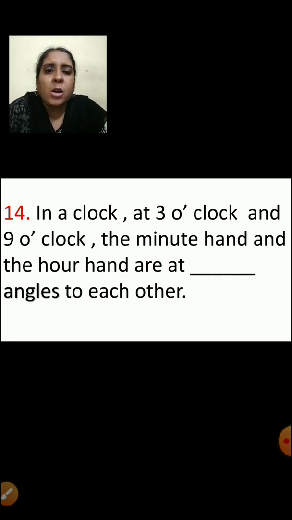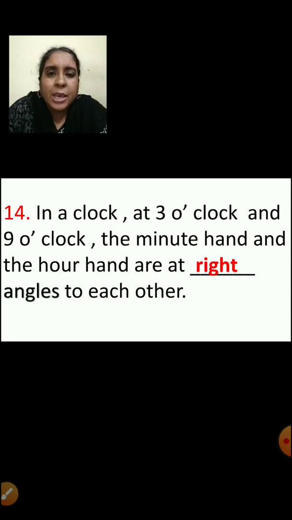Now you know angles. What is the answer then? At right angles. If you see the time, 9 o'clock and 3 o'clock, which angle does it make? Right angle, right? So the answer is right angles to each other.